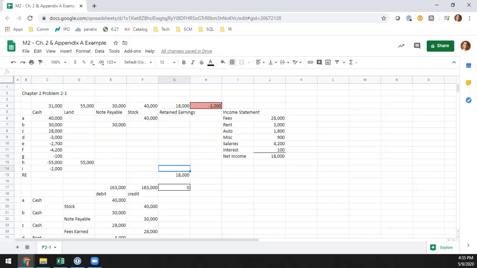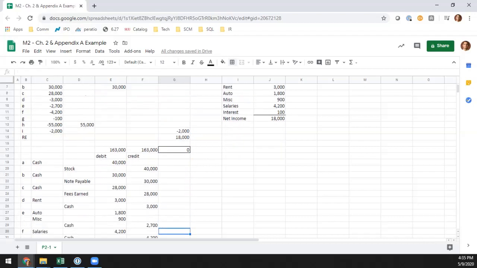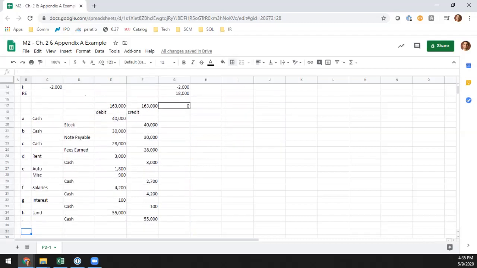Okay, so we decreased cash, and by paying that out, we also decreased our retained earnings. So if we record this last one, we'll call this dividends.